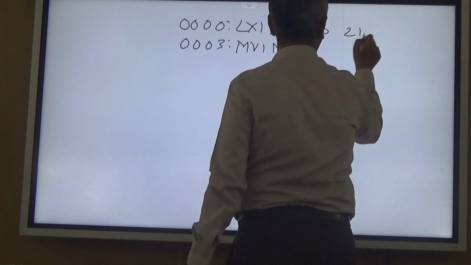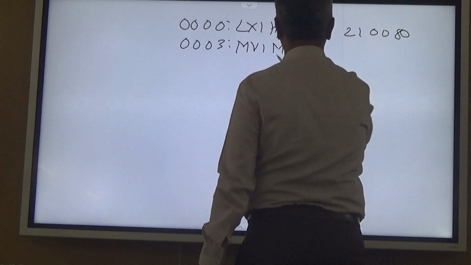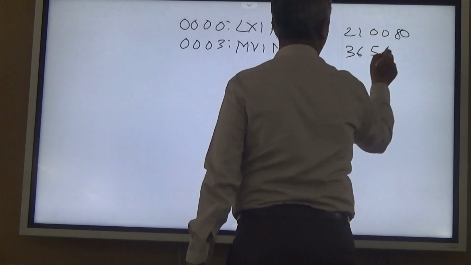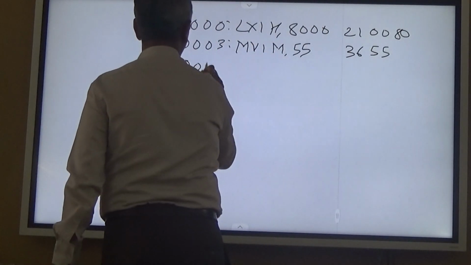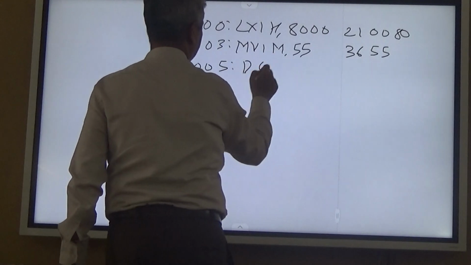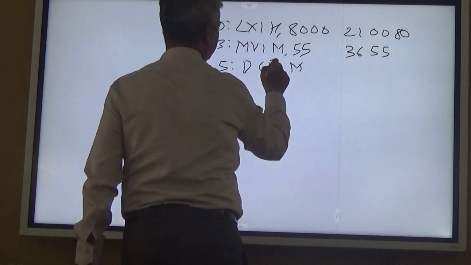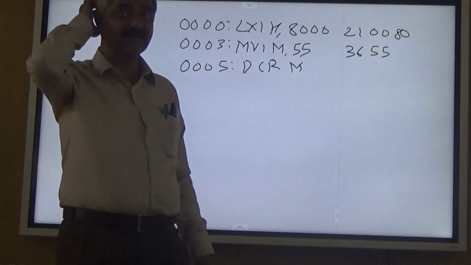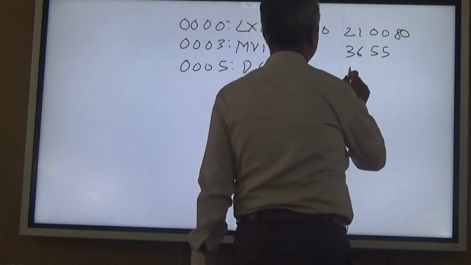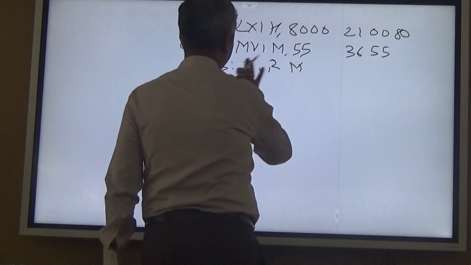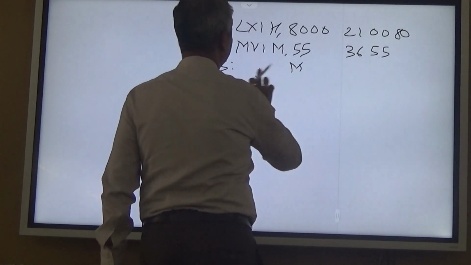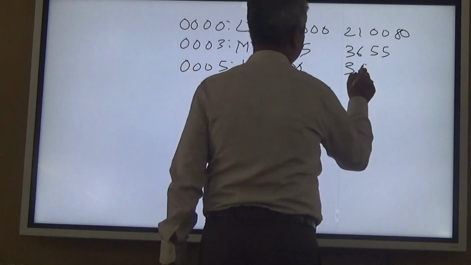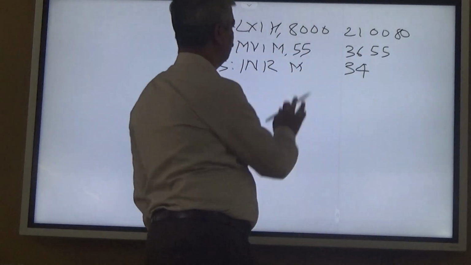LXI is 210080, MVI M 55 means 3655, and 0005 increment M. Right? Is this clear? The opcode of increment M is 34.